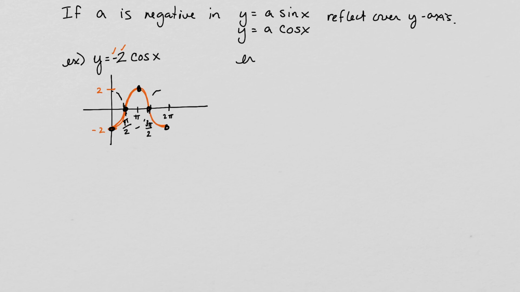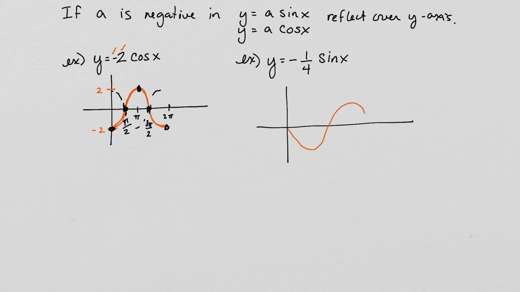Same thing if you had y equals negative 1/4 sine x. We're going to start with that original sine function, but this time we're going to flip it over. So it's going to look like this. And then, rather than the high and the low point being 1 and minus 1, this time the high and the low point is going to be 1/4 and minus 1/4.